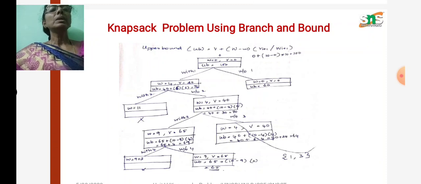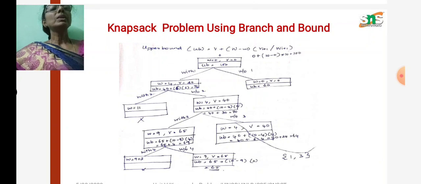With item 1, we calculate the upper bound again, and without item 1 we calculate it as well. With item 1, the weight is 4 and the value is 45. Substituting this in the upper bound formula, we get 76. Without item 1, W is 0 and V is 0, but using V(i+1) divided by W(i+1) for item 2, the upper bound value is 60.